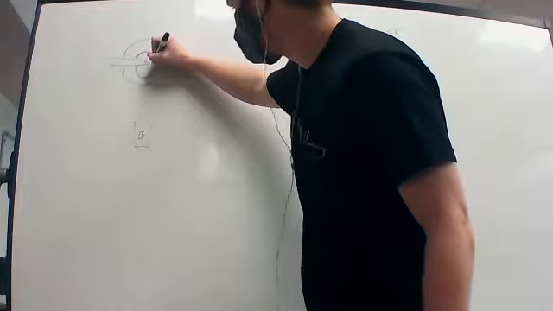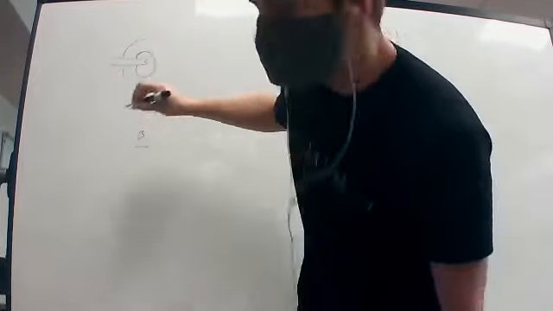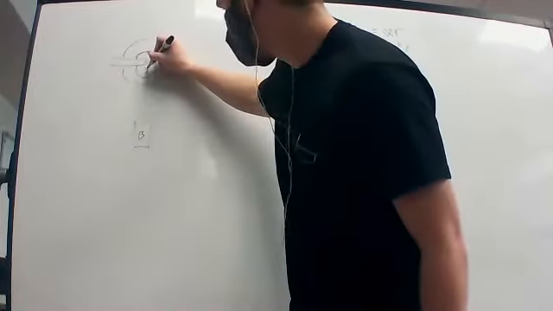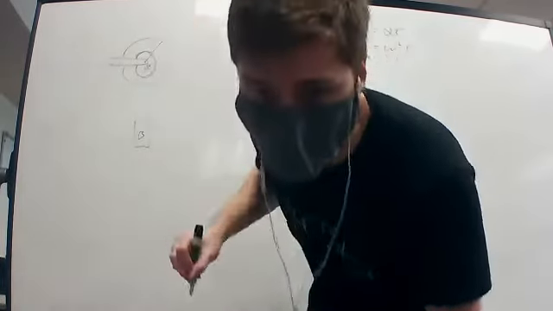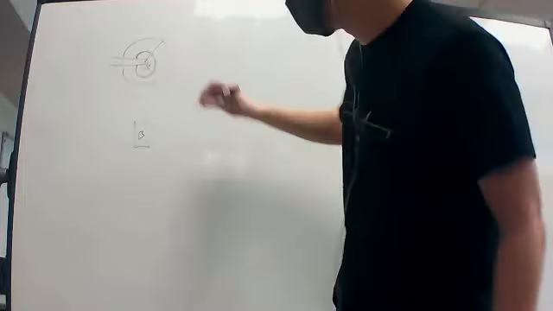The radius from the center to the inside is 1.5 feet. And the radius from the center to the outside is 2.75 feet.